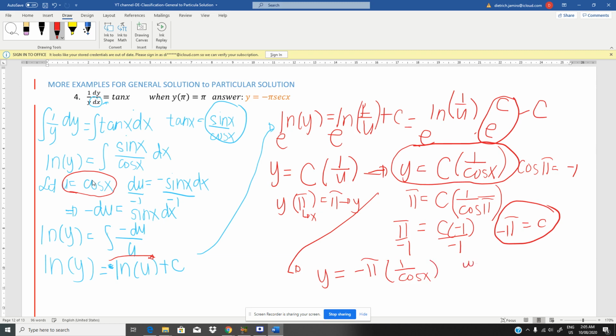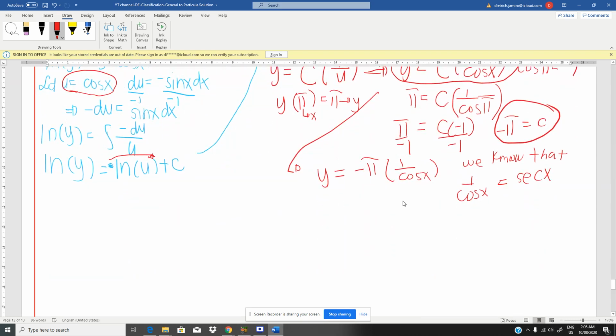We know that 1 over cosine x is equivalent to secant x. So I'll transform this into y is equal to negative pi times 1 over cosine x, which is equivalent also to secant x. So that's our answer.